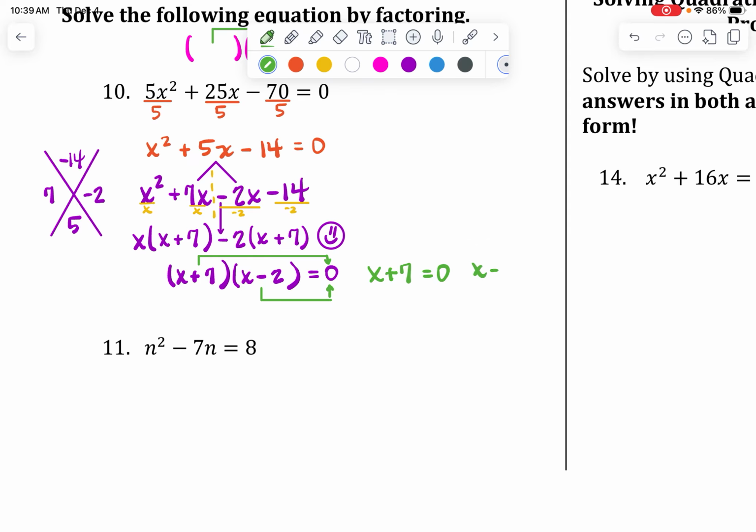Sorry about that. There we go. And then these are just easy little baby one-step equations to solve, right? If I want to solve for x, on here I'm just going to subtract the 7 to the other side. All right, so that's going to give us x equals negative 7. And I would add the 2 over here to solve for x, which is going to give us x equals 2.